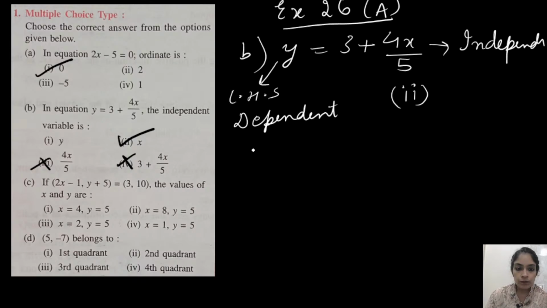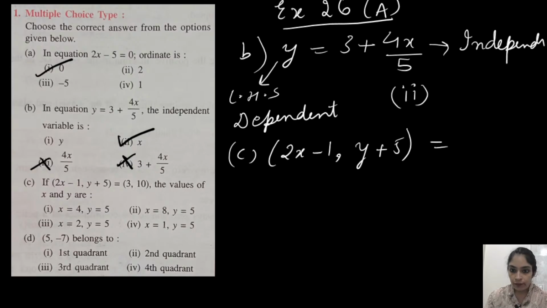Third one, two ordered pairs are there. 2x minus 1 comma y plus 5 equals 3 comma 10. So the values of x and y. I have explained this while discussing the equality of ordered pairs. If any two ordered pairs are equal, this sign of equality is telling us that the first ordered pair is equal to the second ordered pair.